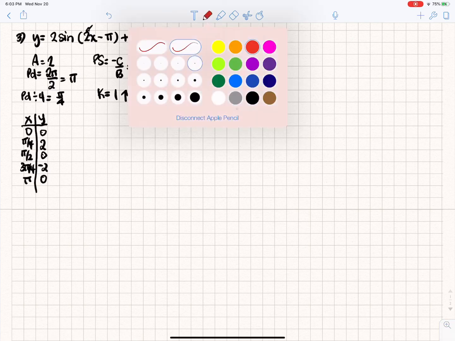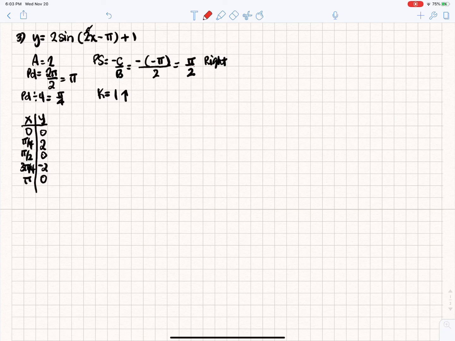Now, let's look at our denominator. A 2 and a 4. Since it's different, we need to find LCD. LCD of pi over 4 and pi over 2 is pi over 4.